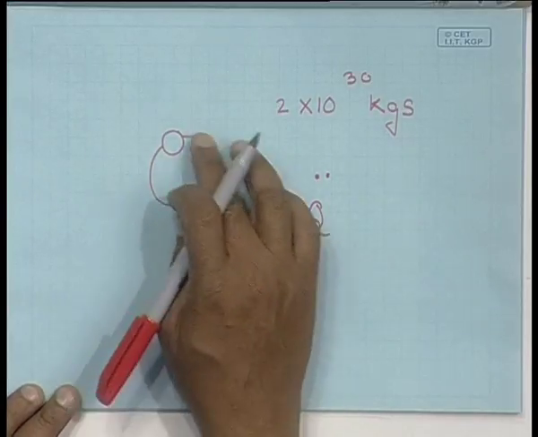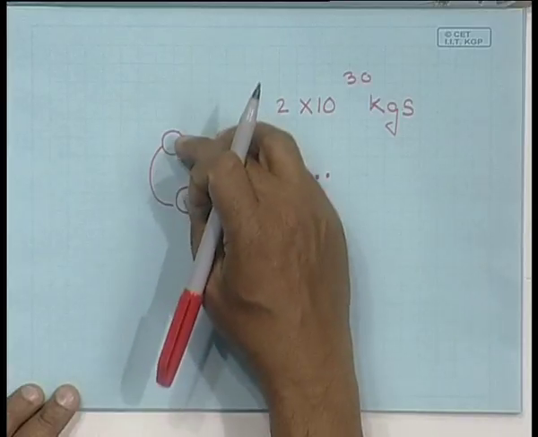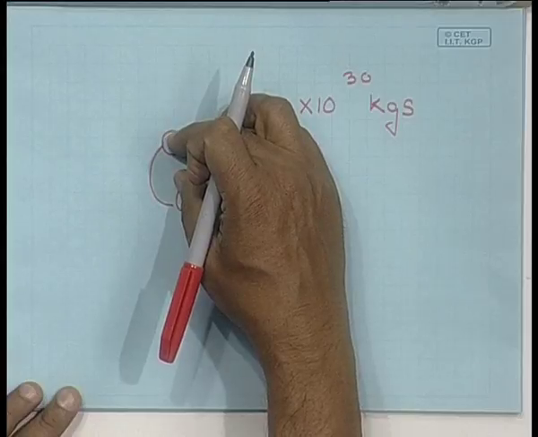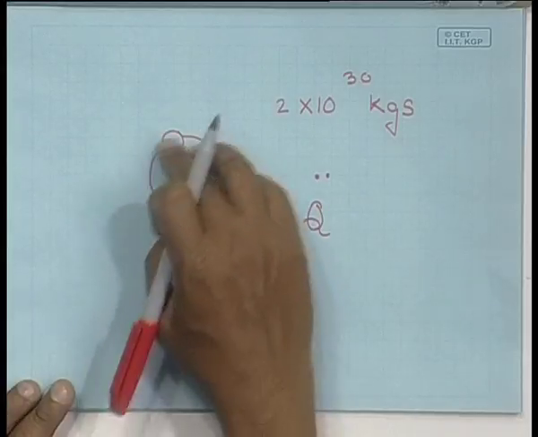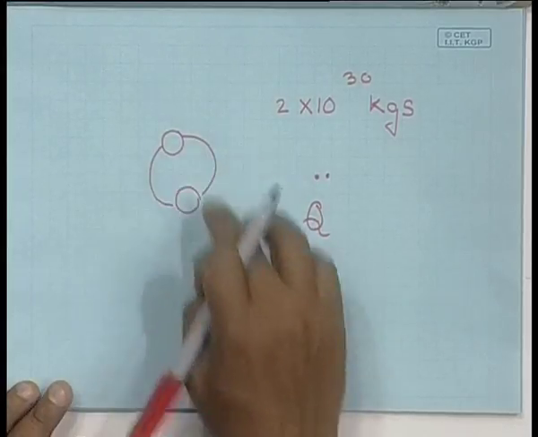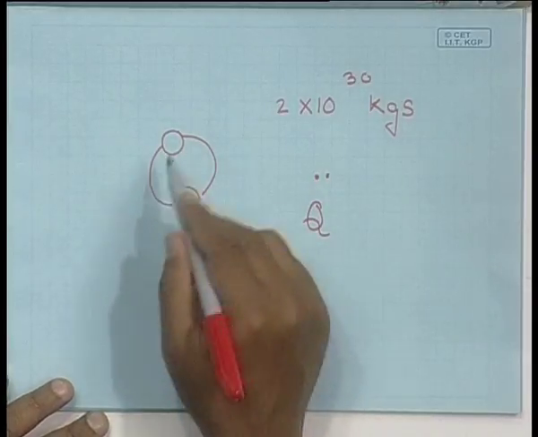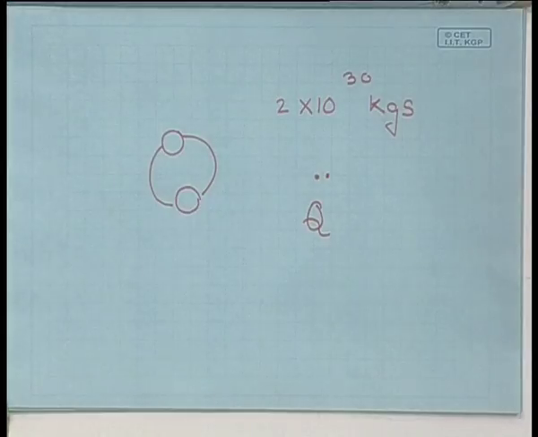So, the orbit is going to shrink, and these two stars shown over here are going to slowly come closer together, and if they come closer together, the angular frequency of this orbital motion is going to increase.